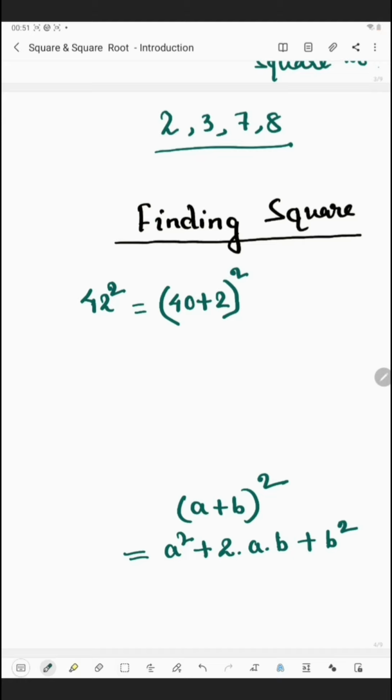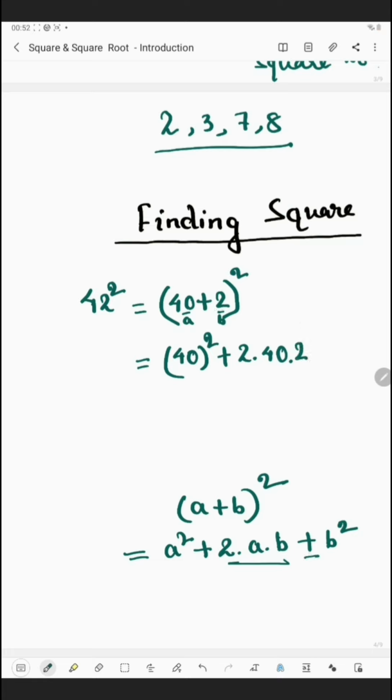Here this is in the form of (a + b) whole square, so we consider 40 as a and 2 as b. So at first we have a square, which is 40 square, plus 2ab, so 2 into 40 into 2.